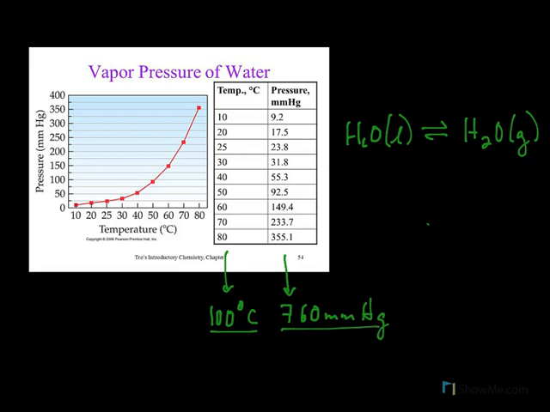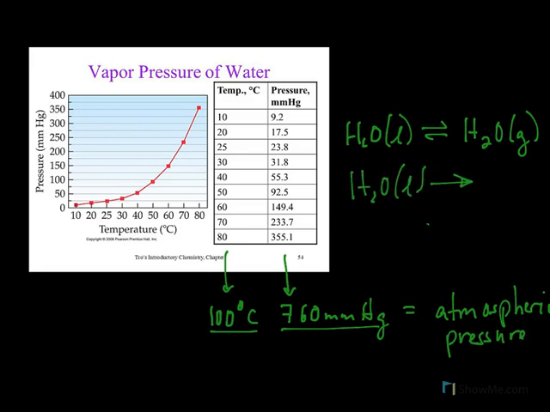When that happens, now that the vapor pressure of water is equal to the atmospheric pressure, then we no longer have an equilibrium. This will all go straight to gas, and we call that boiling.